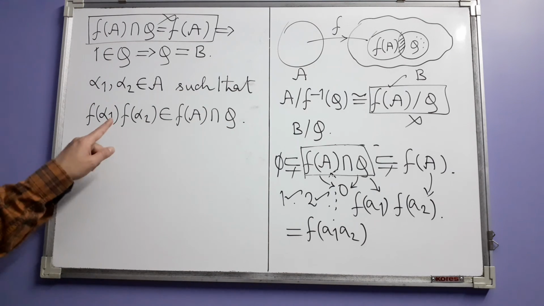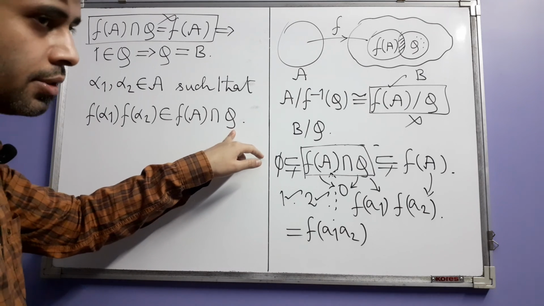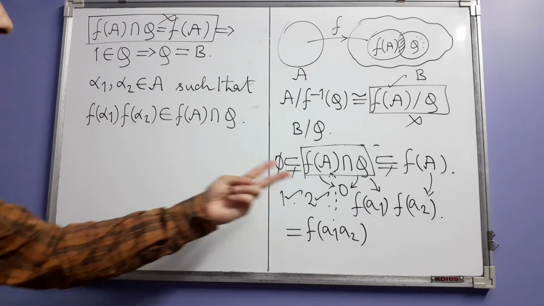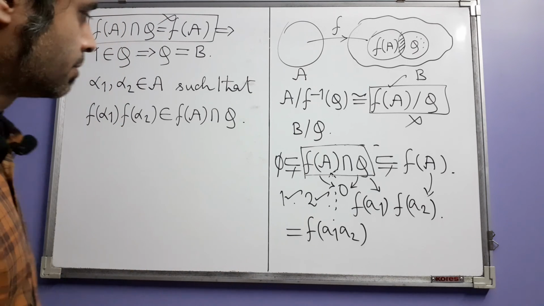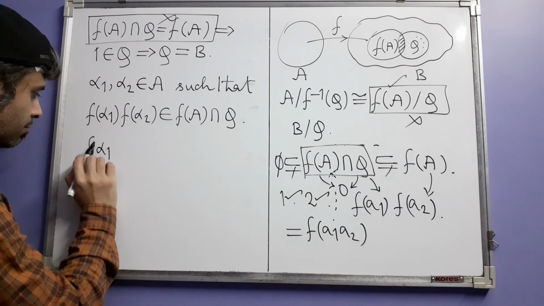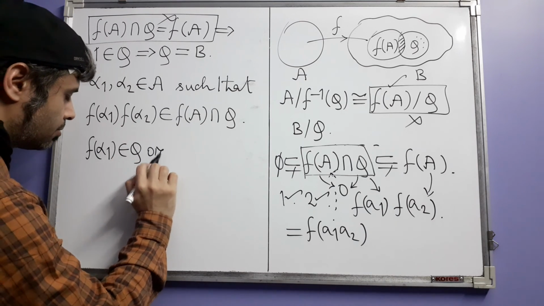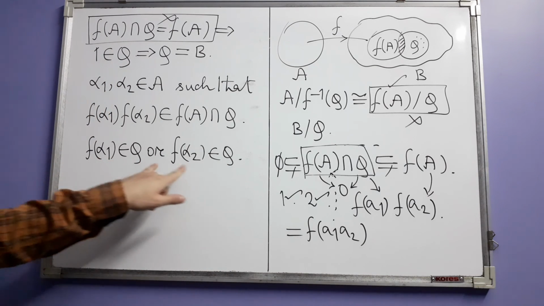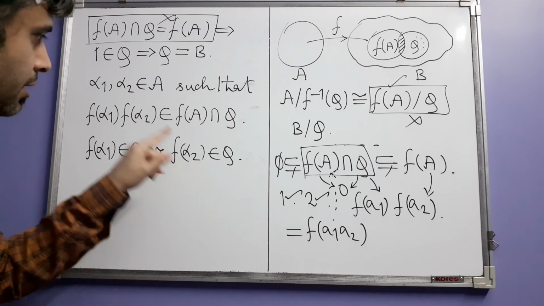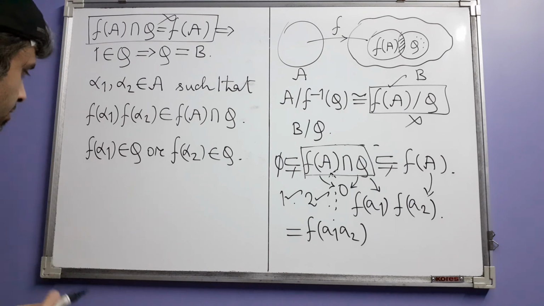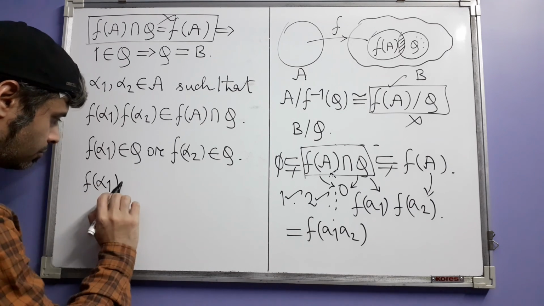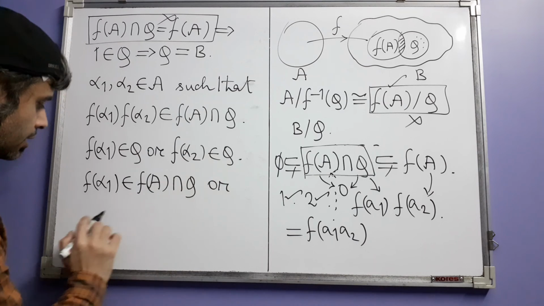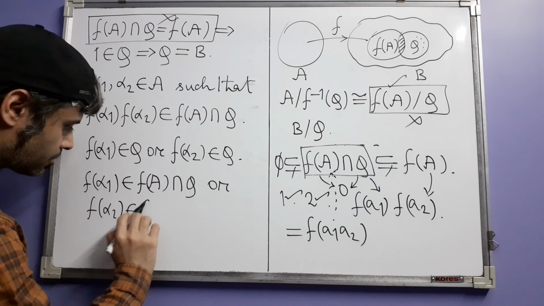Well, then the product in particular belongs to Q as well, and Q is a prime ideal in B. And these elements, although they are coming from f of A, after all are inside B. So that is why either f of alpha 1 belongs to Q or f of alpha 2 belongs to Q. Now both of these elements, because of their structure, already belong to f of A. So if this is the case, then it belongs to the intersection, or if this is the case, then this belongs to the intersection.